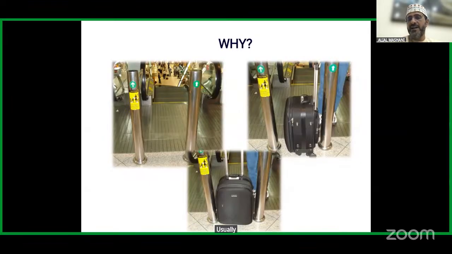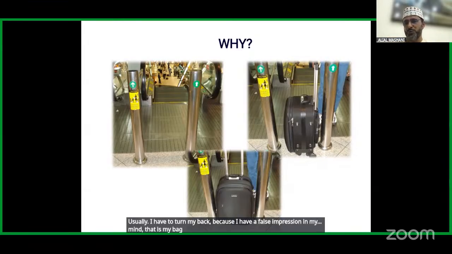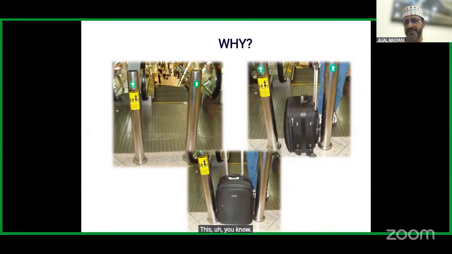Usually I had to turn my back, because I had a false impression in my mind that my bag would not pass through this bar. One day I thought, why not do it the normal way? And in the normal way, it passed. So the impression in my mind was wrong. That's why I changed my philosophy from craniotomy to the supraorbital approach for these kids.